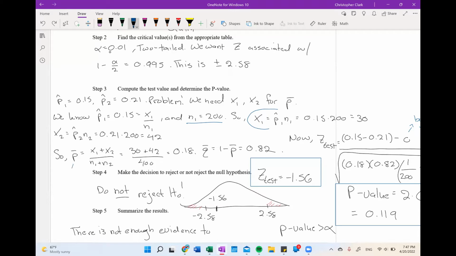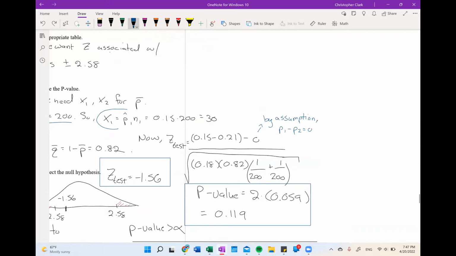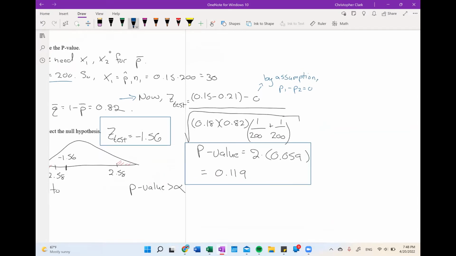So now we have all the ingredients we need. We can calculate our p bar right here. 30 plus 42 over 400 is 0.18. Our q bar right here is 1 minus p bar, excuse me, is 0.82. So you come over here. We are at this area. So we're now going to do a z-test of p1 hat minus p2 hat minus 0, remember by assumption p1 minus p2 is 0, divided by all this good stuff over here.